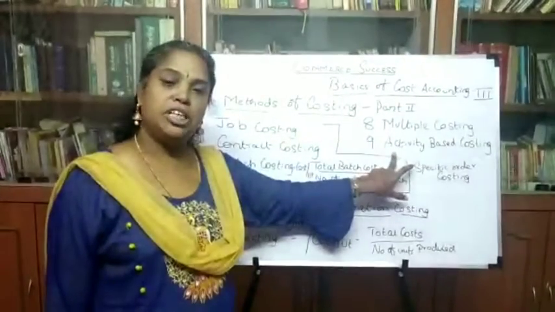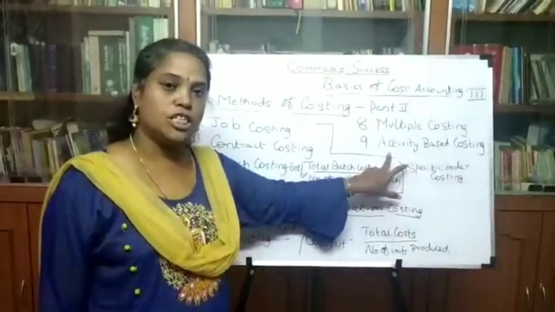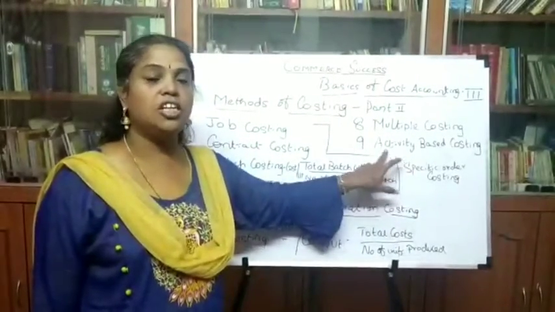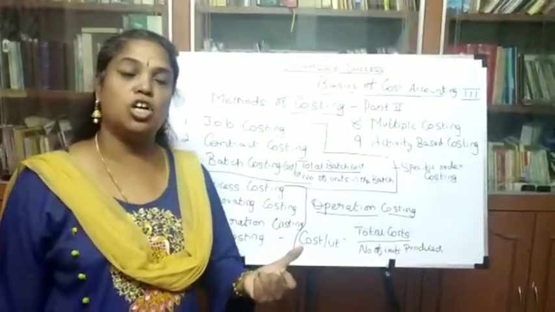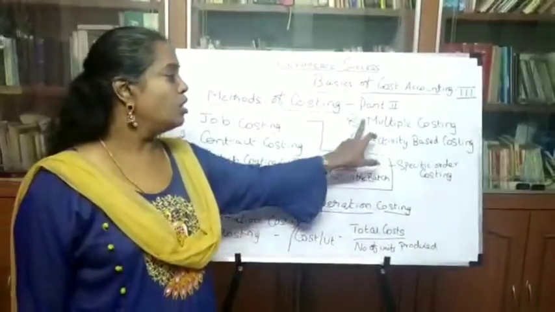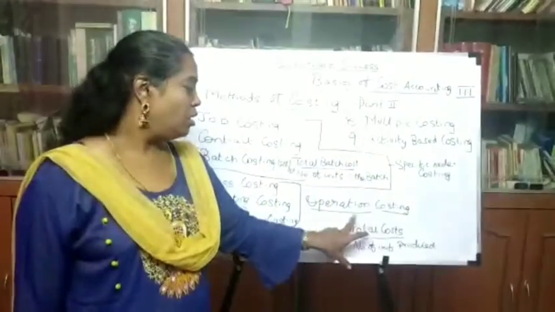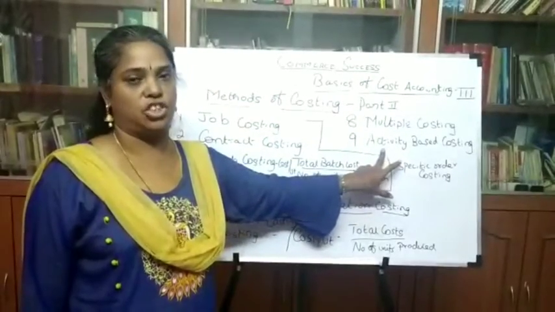What is activity based costing? It was developed by Kaplan and Cooper. It is also called ABC costing. Mainly the costs are assigned to the activities, and the products absorb the cost based on the usage of these activities. So this is operation costing, and we saw multiple costing and activity based costing.